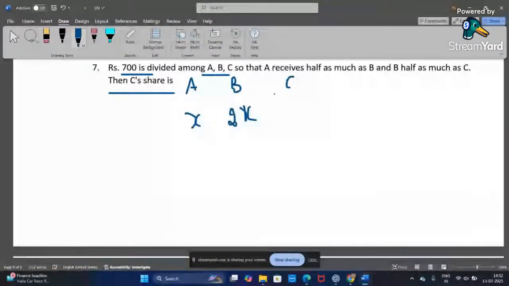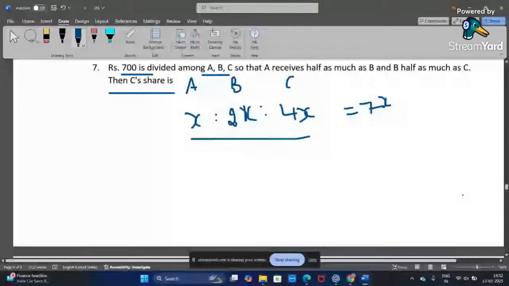See, B is 1/2 of as much as C means here it will be 4x, right? So add these 3, we'll get 7x because they're in the form of ratio, right? So we need the value of x.